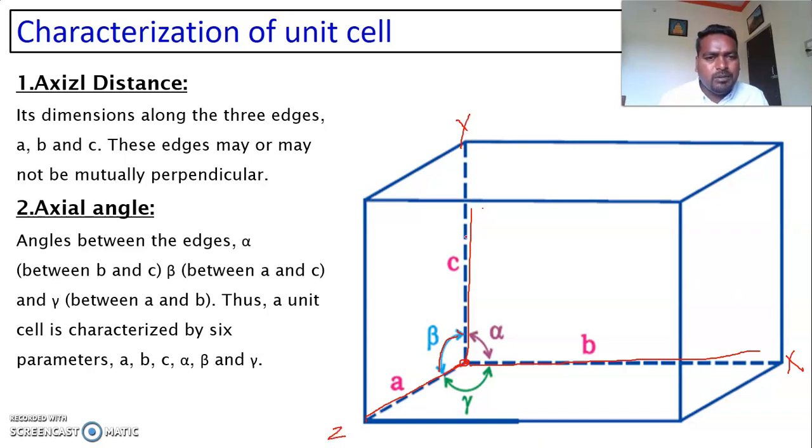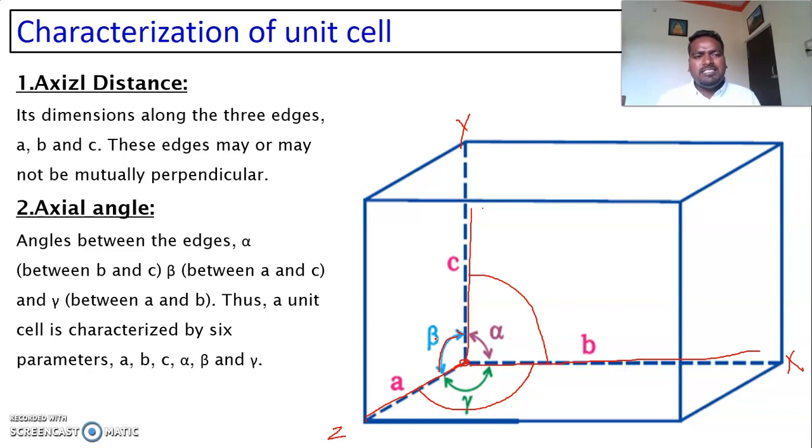The angle between y and z is beta, the angle between y and x is alpha, and the angle between x and z is gamma: alpha, beta, gamma. So these three angles are called axial angles. That is, axial angle is nothing but the angle between any two edges of two axes.